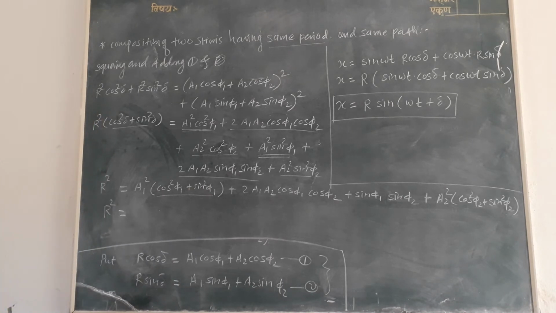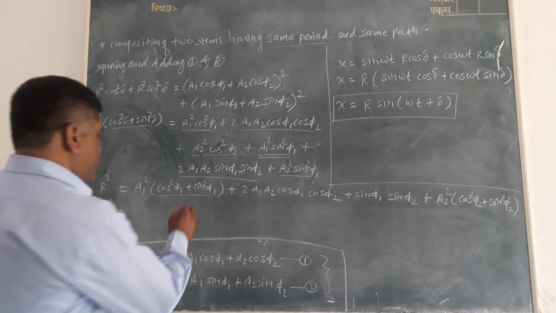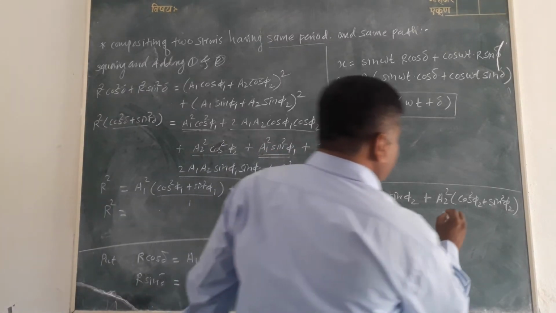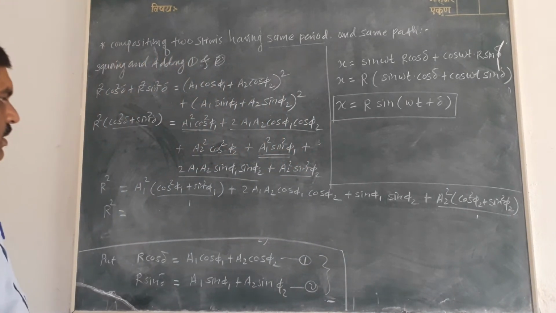According to trigonometry, sin square theta plus cos square theta is equal to 1. Hence this is equal to 1. Again this term is equal to 1.